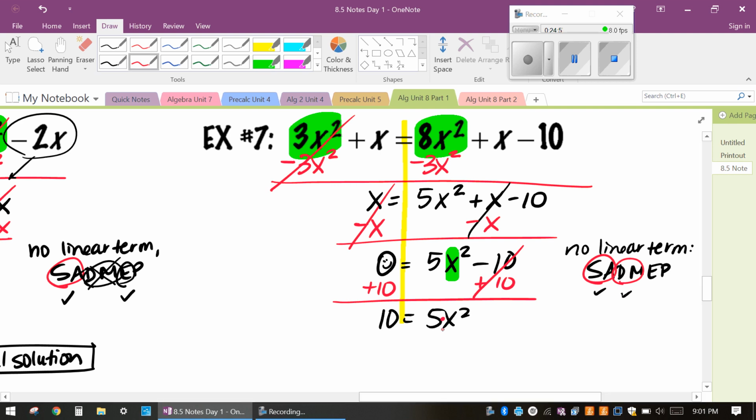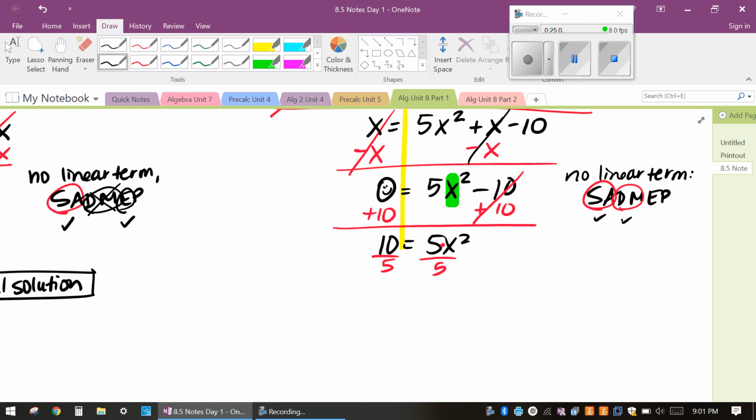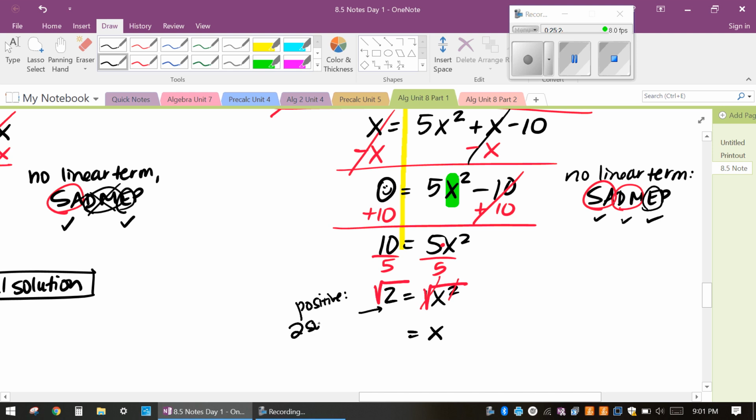I'm going to go ahead and cancel the multiplication with division. And as soon as you have a 1x squared, you can go ahead and cancel the exponent. You have an exponent of 2, so you're going to use a square root. The square root cancels the squared. And because 2 is positive, we're going to have two solutions.